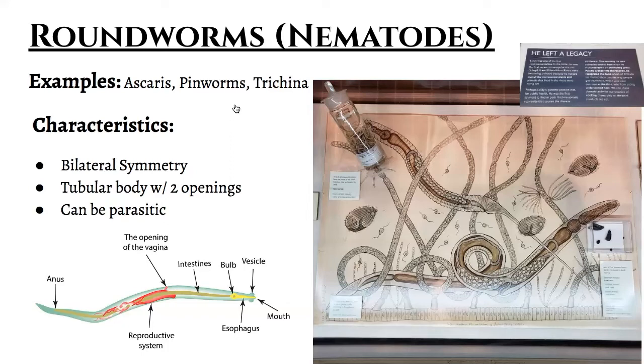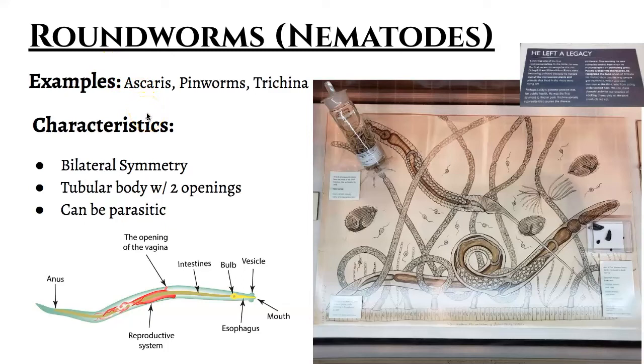These guys are what we consider roundworms. These are what the doctors or the vets worry about with your dogs with heartworm, things like that. And Ascaris is one of those that can be found in the intestines, and humans can get these too, especially if you are in a very dirty environment where it's not very clean.